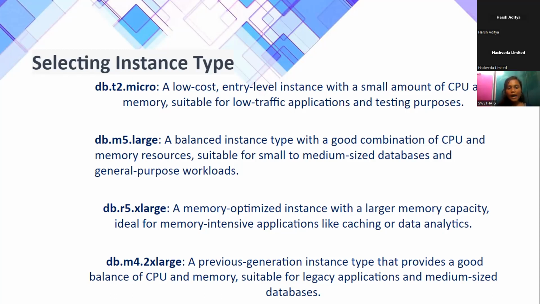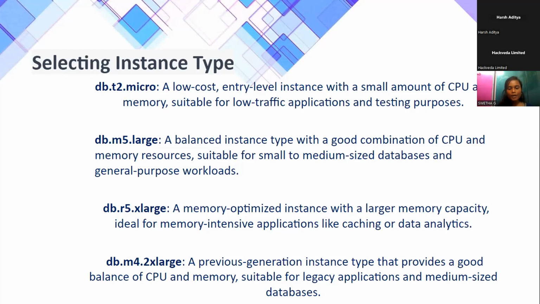It is a balanced instance type with a good combination of CPU and memory resources, suitable for small to medium-sized databases and general-purpose workloads. Also db.r5 is another instance type.